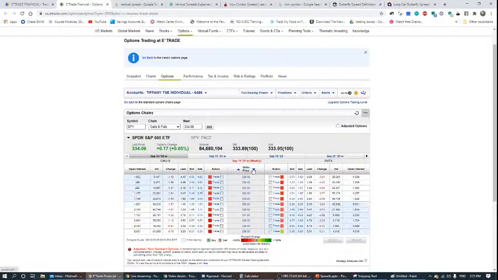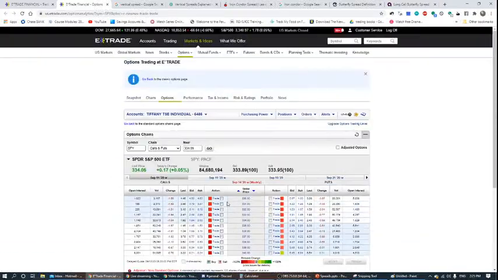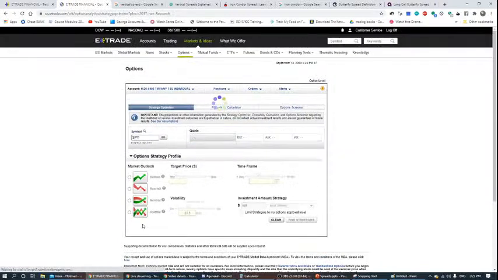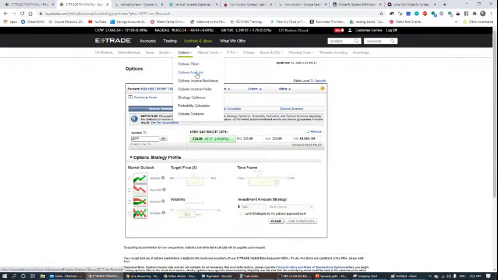And it kind of leads into iron condors for me. If I'm doing iron condors, let's go into the strategy optimizer on E-Trade. Actually, I hate this one. Option analyzer, let's do this one.